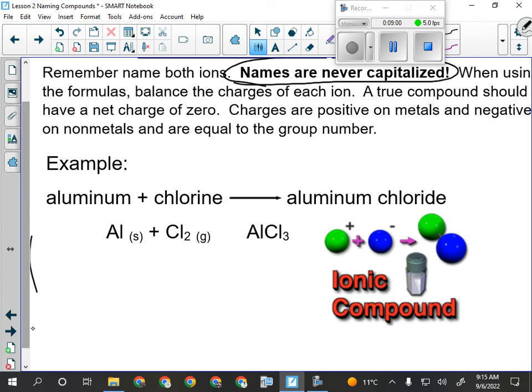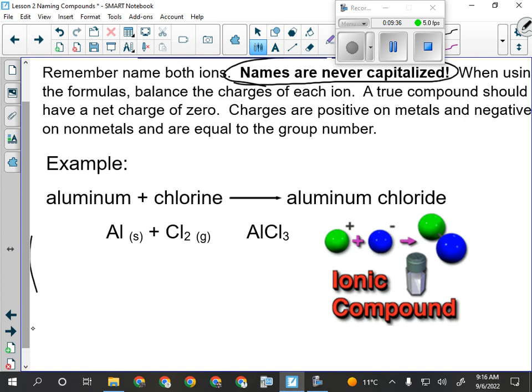So, if aluminum wants to react with chlorine and form a compound, it doesn't need 1 chlorine, it needs 3 of them, because each chlorine can only take 1 electron. Then their outer shell is full. So aluminum needs 3 chlorines in order to give away all of its electrons. Does that sort of make sense? You guys learned the drop and swap last year for ionic compounds? That's why you do that. It accounts for the charges and the needs of the elements that are involved.